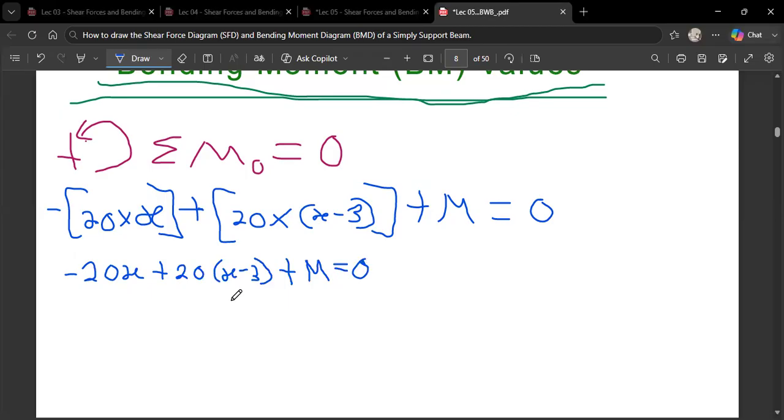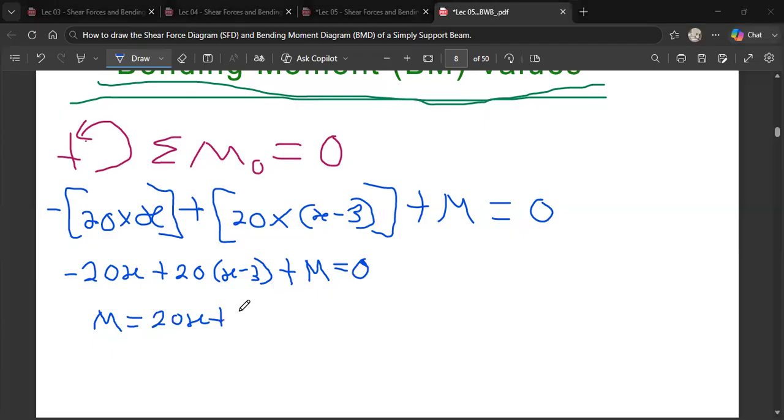So from here, we're just going to group like terms. Okay, we can let the M be here and remove everyone to the right hand side. So we said that M is going to be equal to what? 20x plus what?